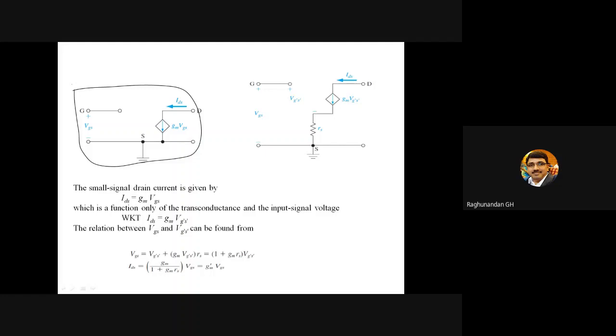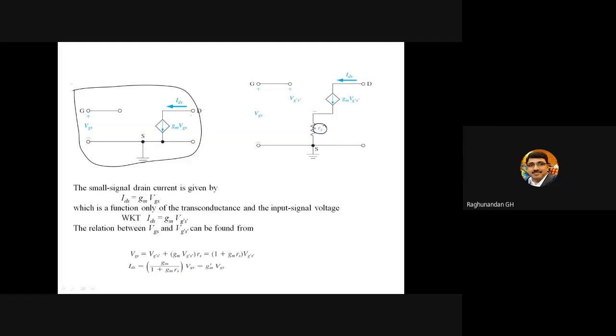But in the ideal equivalent circuit also, it is assumed that there is a small amount of source resistance. If you connect the current source directly to the ground, all the current will go to ground.